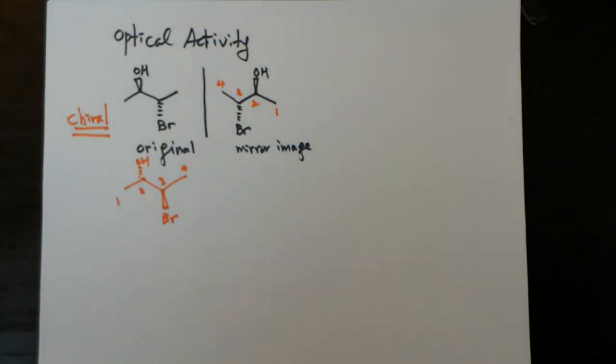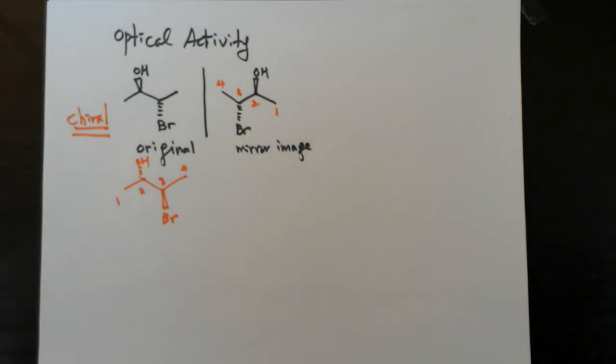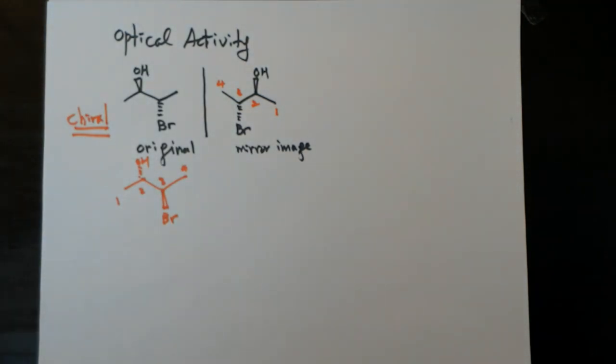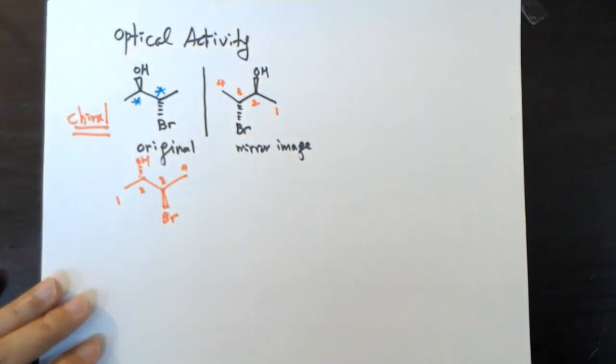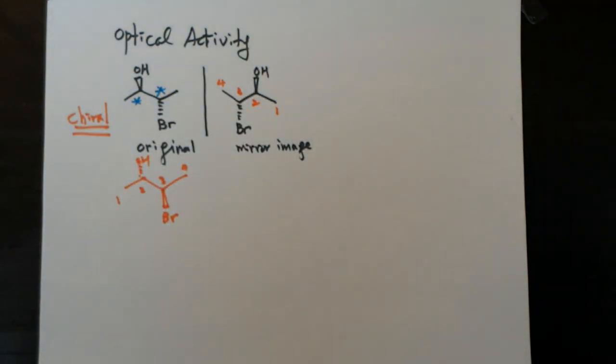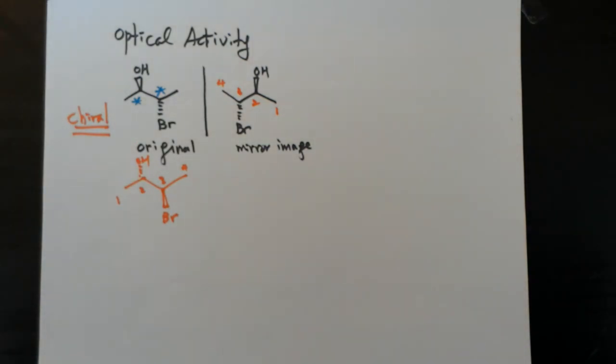There's a concept that is kind of confusing. You have a chiral center right here and here. Does that mean a molecule that has a chiral center is always a chiral molecule? In order to explain that, let me introduce you to the concept of a chiral center.